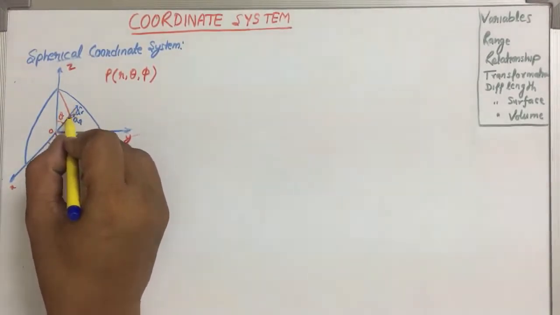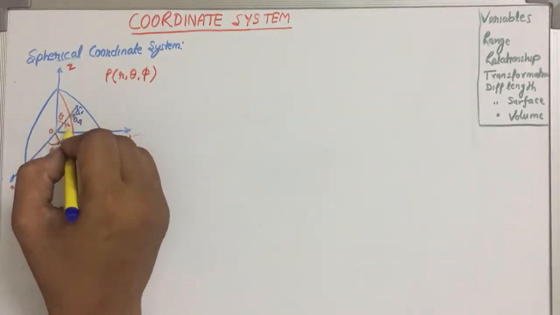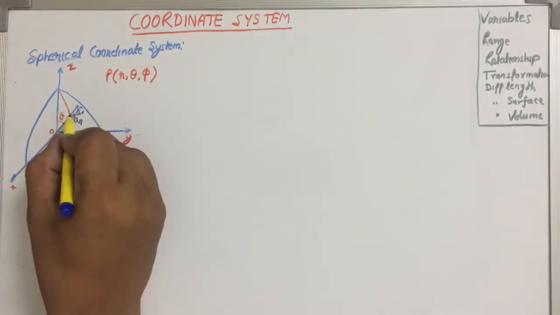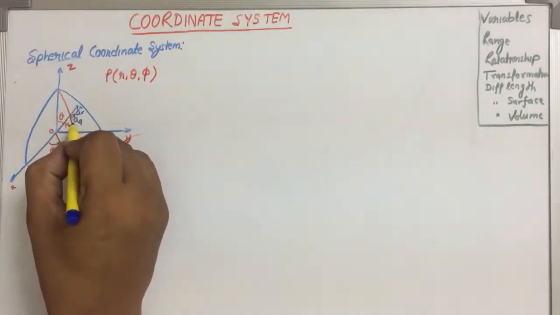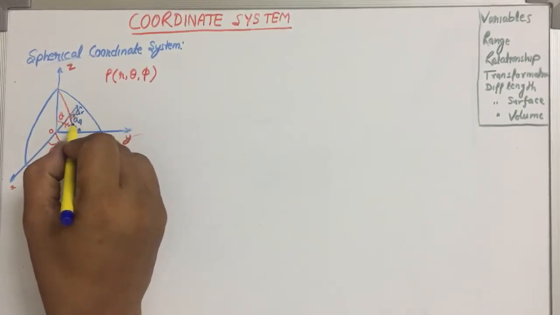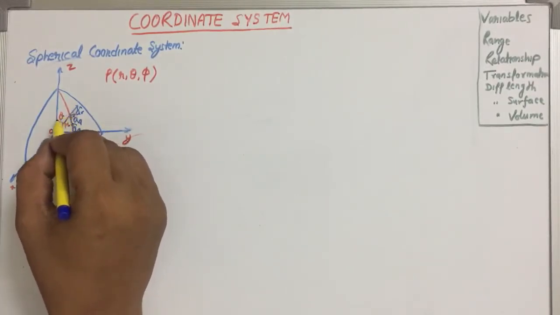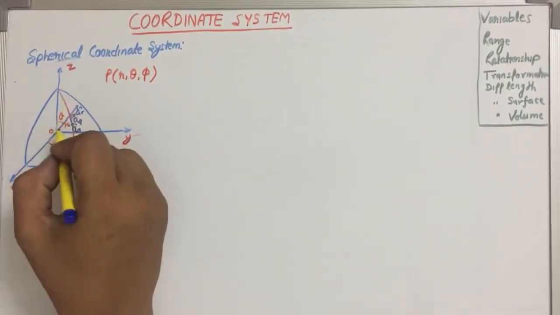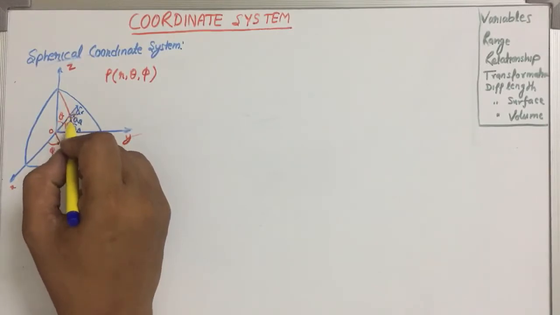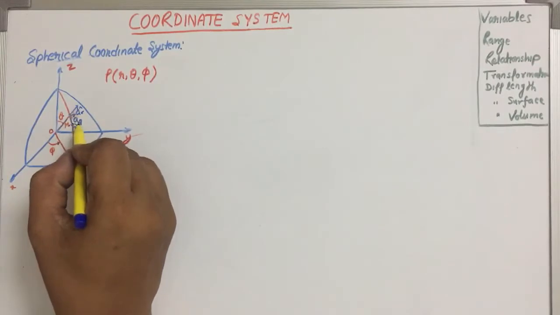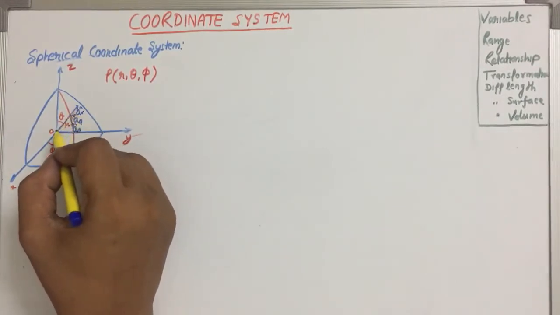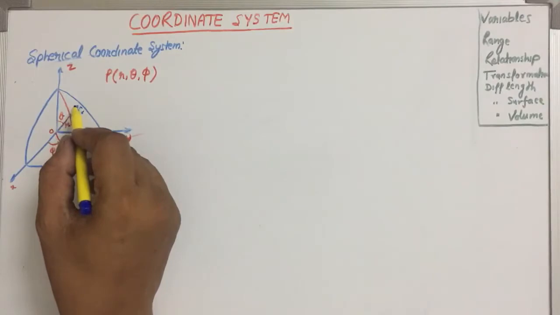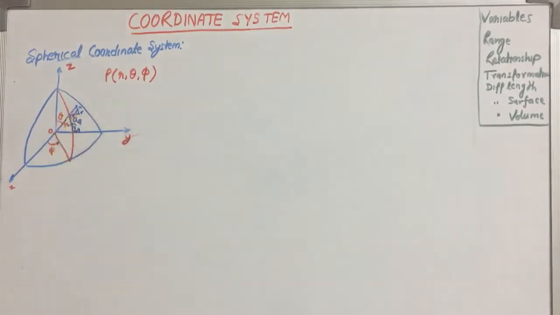And theta is increasing in the direction away from z towards the xy plane, so it will be A theta cap, and this will be A phi cap, and from center to R extended form it will be AR cap.